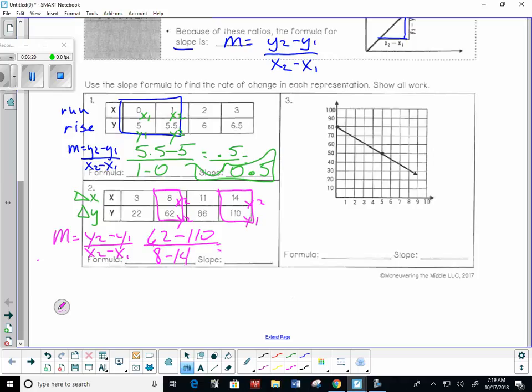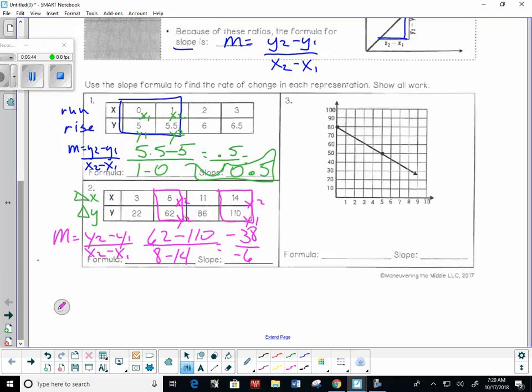Okay, so we know that we've got a negative. If that was 110 take away 60, that would be 42 different, so it looks like it's going to be 38. You can correct me if I'm wrong. Negative 38, because I took out more than what I had, and then negative 6.